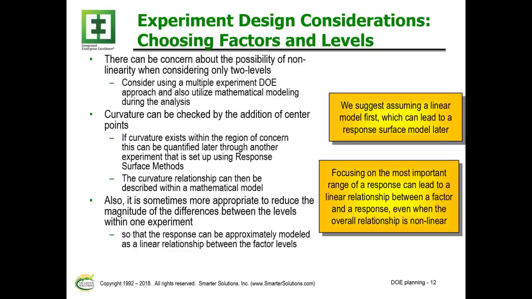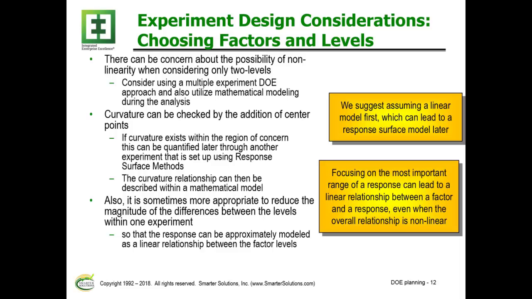So sometimes we look at collinearity or nonlinearity when we consider 2 levels. That's something we also need to consider when we pick the two levels. We don't want to have them so far apart that we have nonlinearity issues, so we have to really address that. The way we can do that is to add curvature checks.